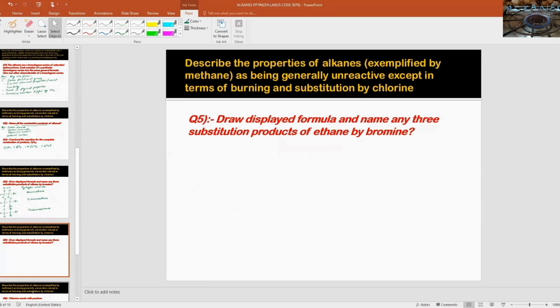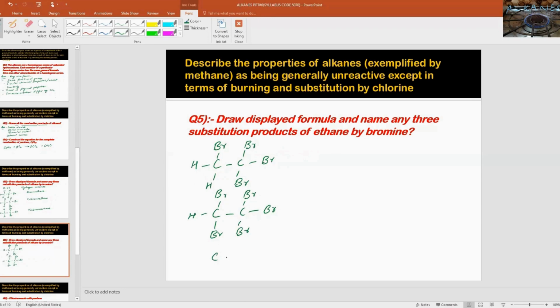I will continue writing the displayed formula and names. Last one will be like this, and all the hydrogen atoms will be replaced by bromine.